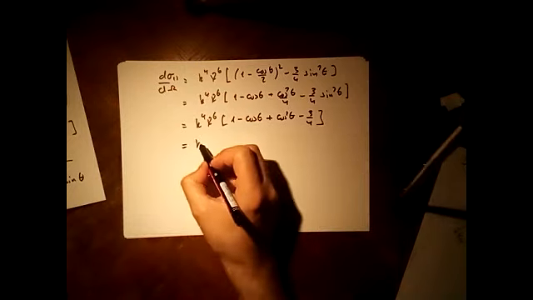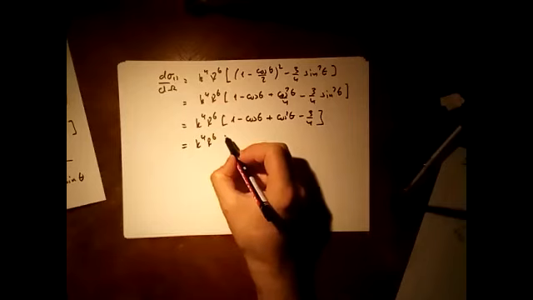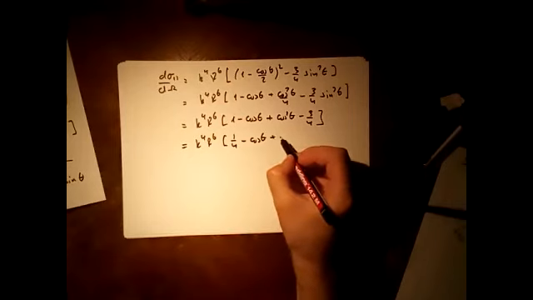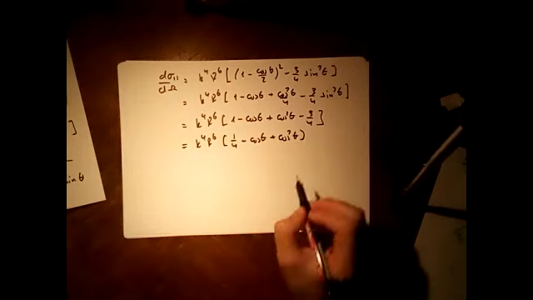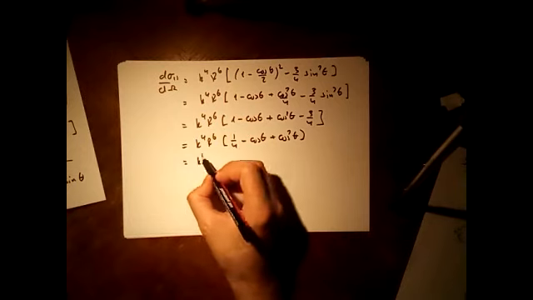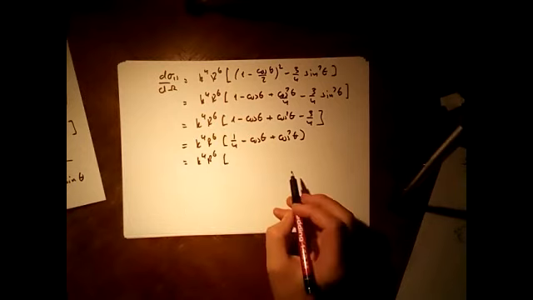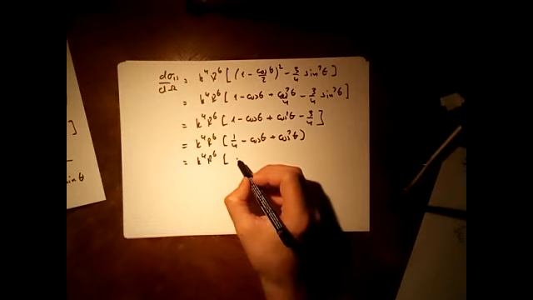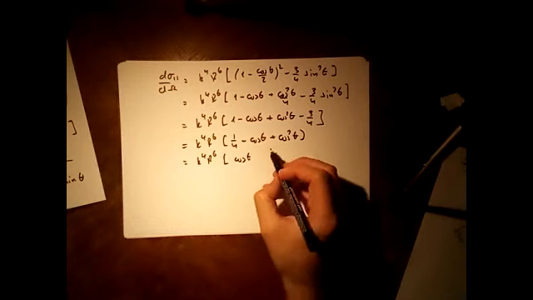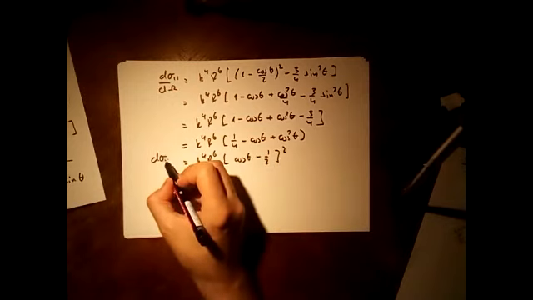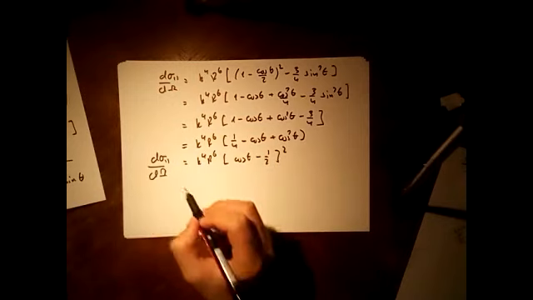So we're going to have k to the fourth times (1/4 minus cosine theta plus cosine squared theta). And so we can reduce this to k to the fourth times (cosine theta minus 1/2) squared. So that's the parallel contribution.